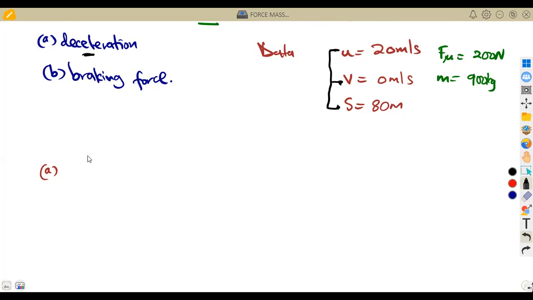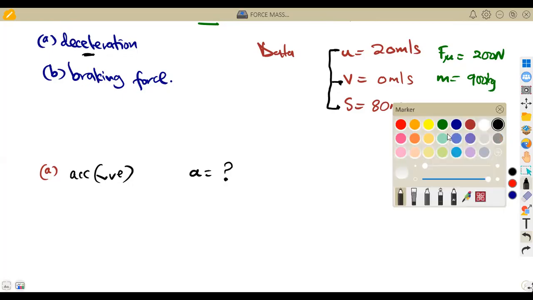We know that deceleration simply means acceleration that has a negative, a negative acceleration. So we are supposed to calculate the acceleration from these values that we are given.